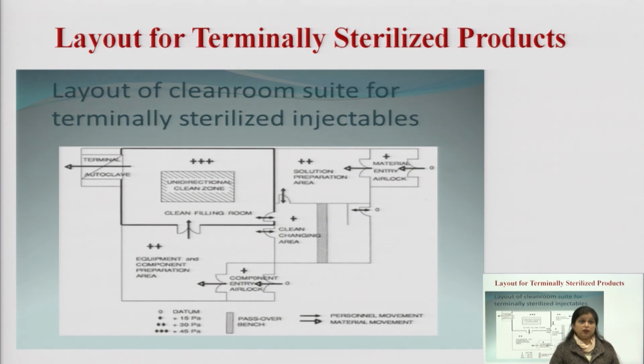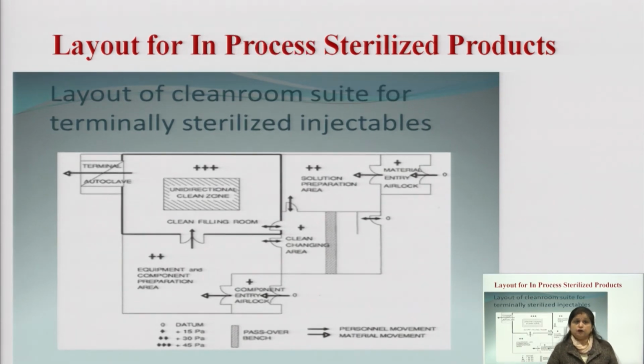But for the aseptic area, if we have to go for terminal sterilization, that is product sterilization, then the aseptic area layout will be different, whereas if we go for in-process sterilization, the layout will be different.